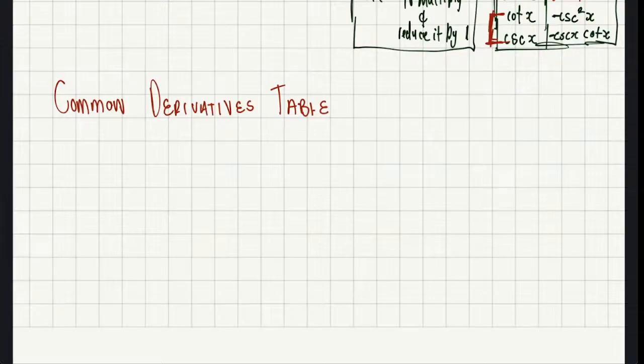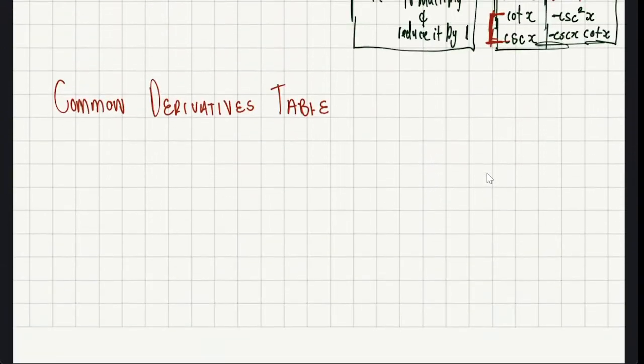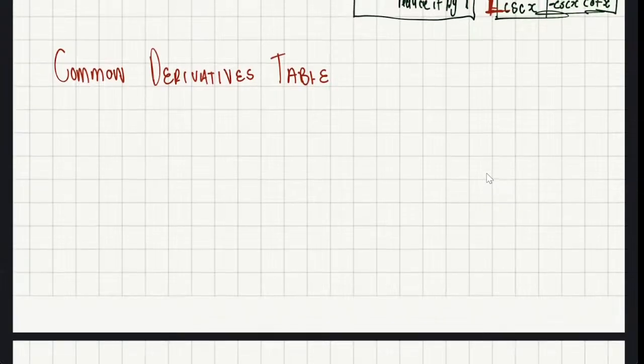We don't have the time. So once we are done with the common derivatives table, we should move on to the next thing. You should make sure you master it. The common derivatives table basically is the derivatives you must know. So this would be y, which is the original function. Then this side will be dy dx. Or you can say this is f of x and the other side is f prime of x.